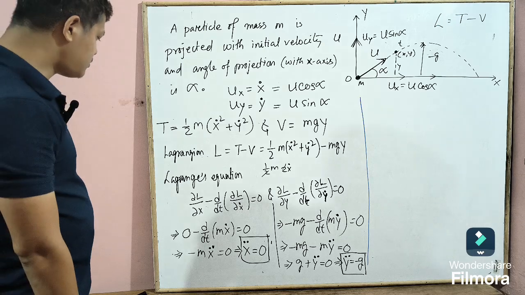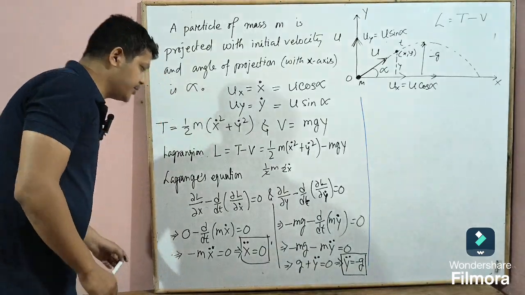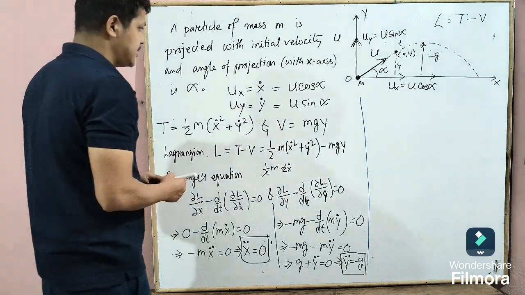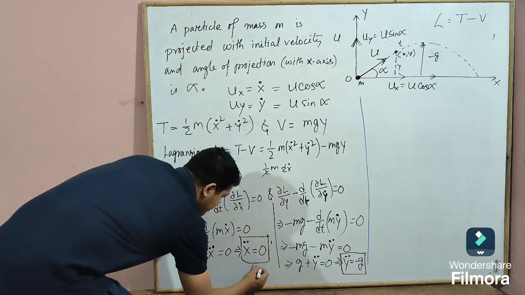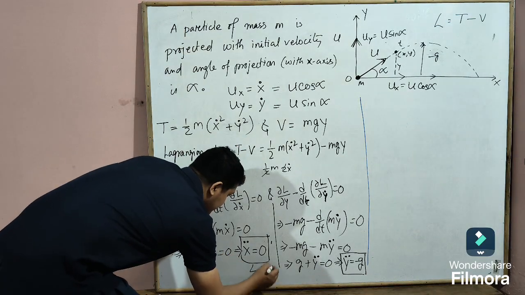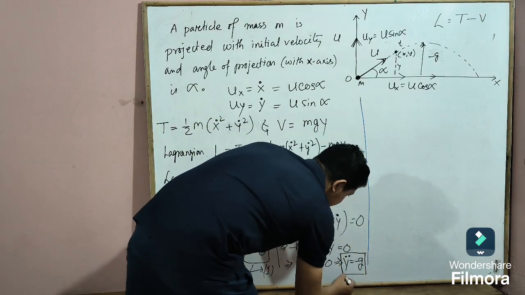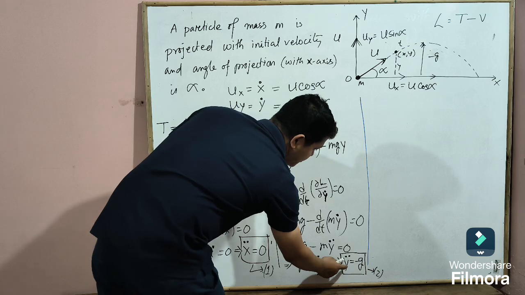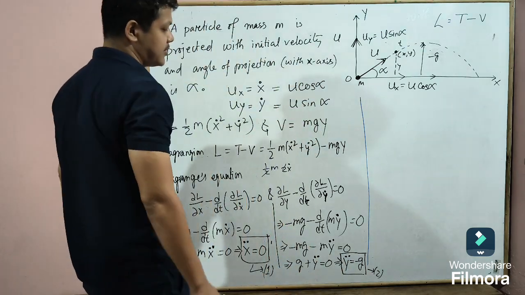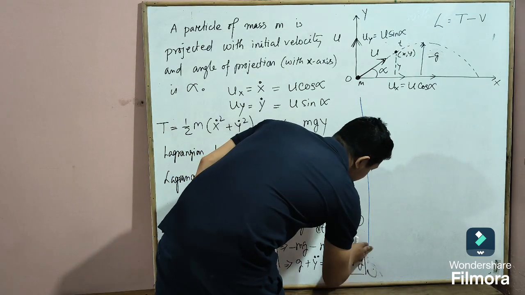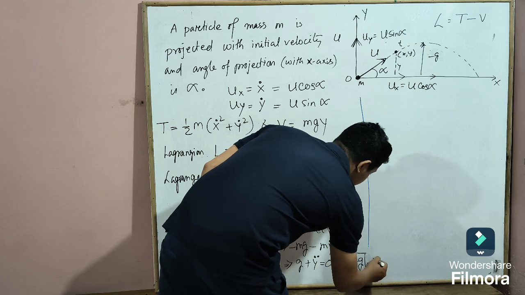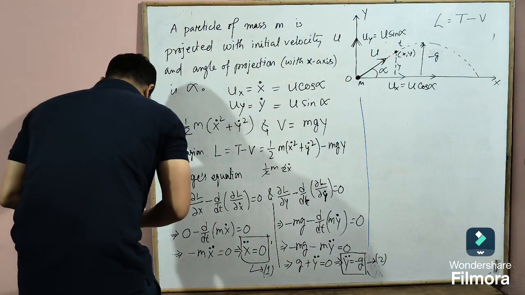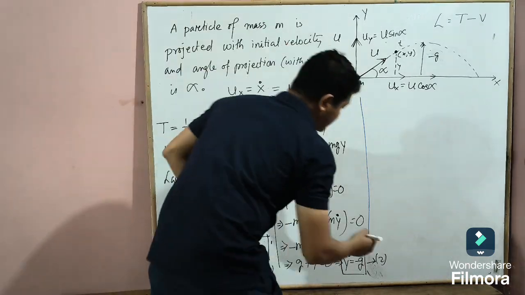Let's take this one as equation number 1 and this one, y double dot equals minus g, as equation number 2.